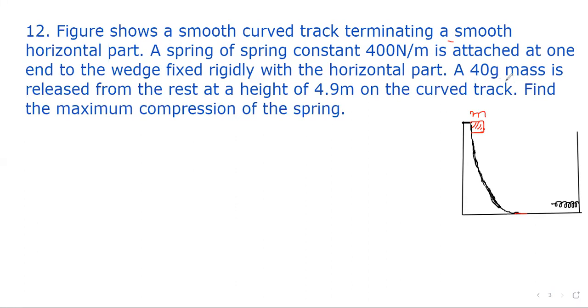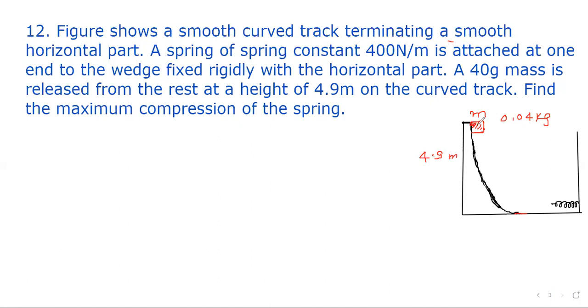A 40-gram mass is released from rest at a height of 4.9 meter. So here height is 4.9 meter and mass is given as 40 gram, 0.04 kg. Now this is released from rest on the curved track. Find the maximum compression of the spring.